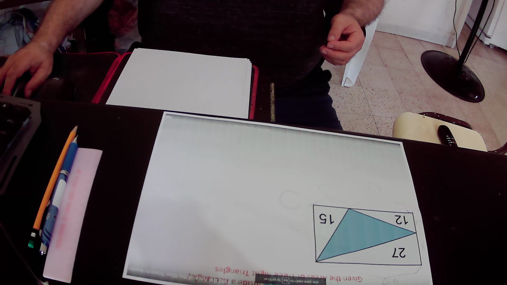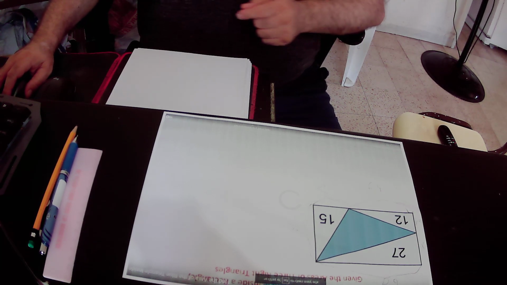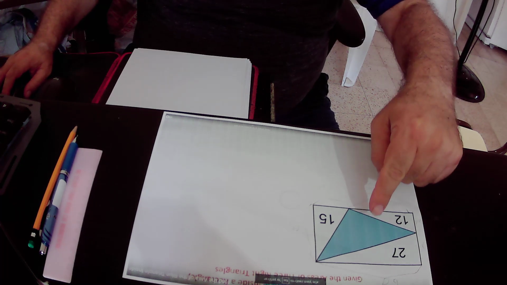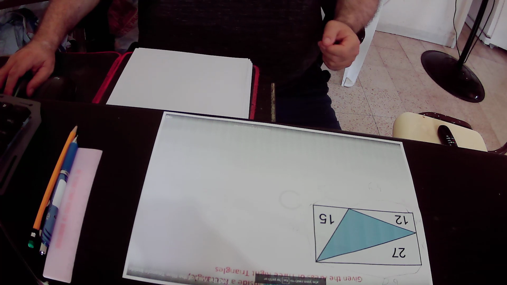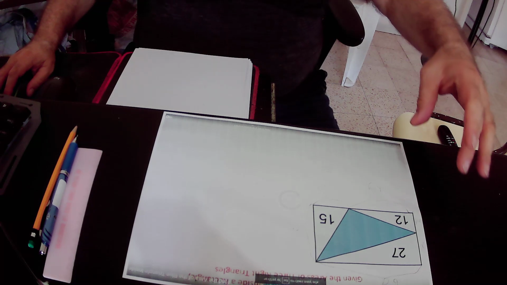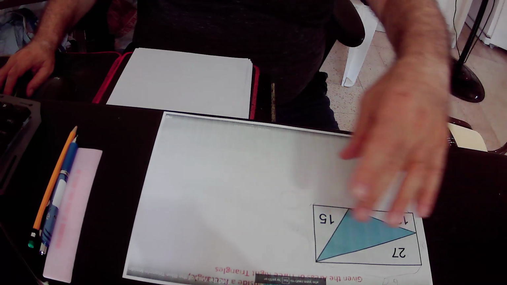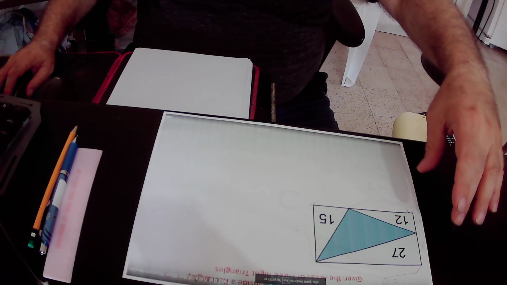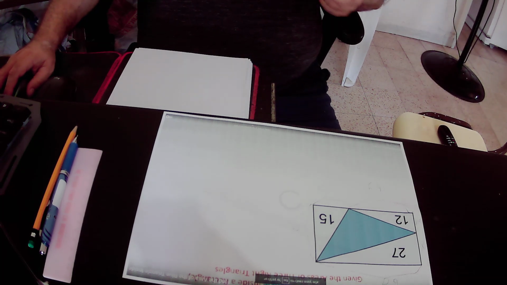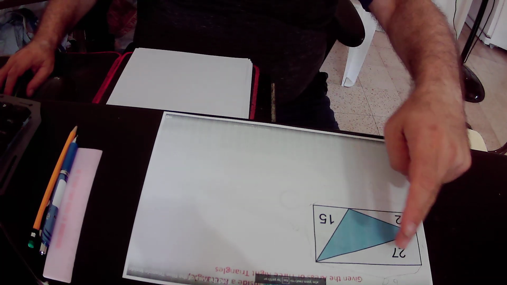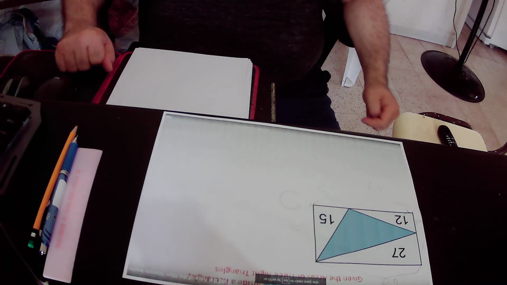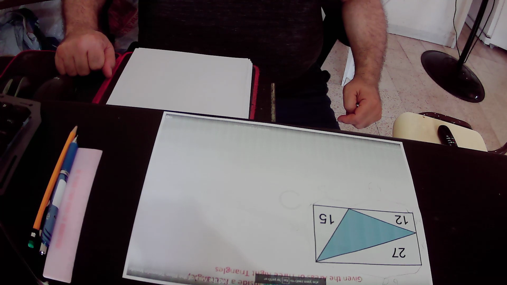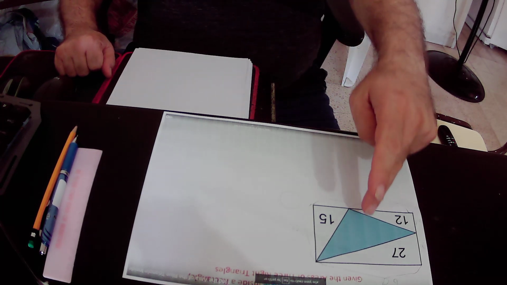Hello, in this lecture I will find the area of the blue triangle. Actually, as you can see in the drawing, we have a rectangle that contains three right triangles, and it also contains the blue triangle.